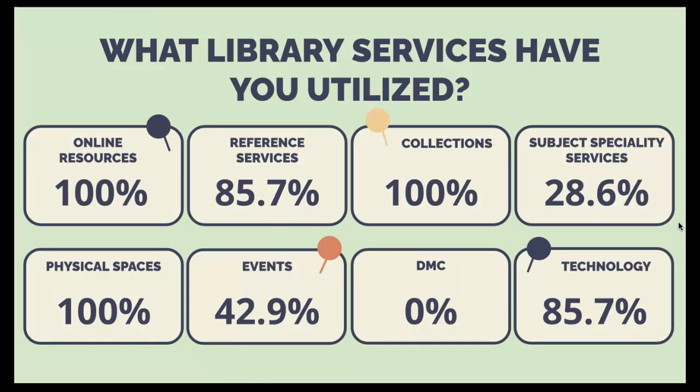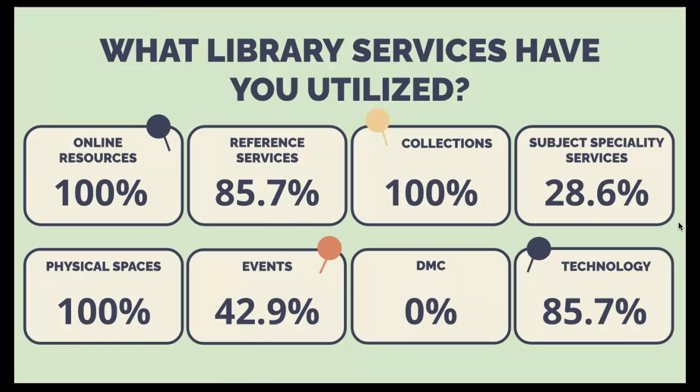So we have online resources, reference services, collections, subject specialty services, physical spaces, events, the DMC, the Digital Media Commons, and technology. That included printing, the computer labs, tech checkout, things like that. 100% of the people reported using online resources, the collections, which is both digital and physical, as well as physical spaces.